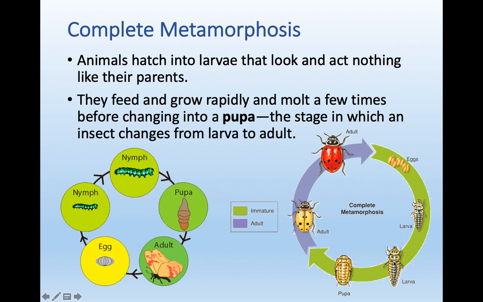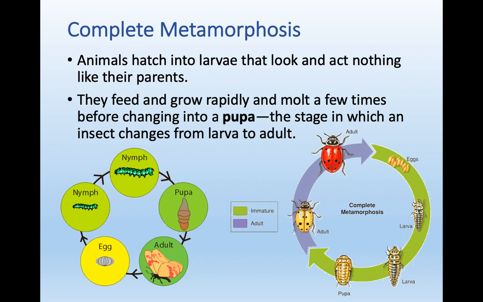They get bigger and bigger as they develop, and then eventually, after molting a few times, their last molt turns into something called a pupa. In butterflies, you might have heard it called a chrysalis before, but this is a dramatically different stage.